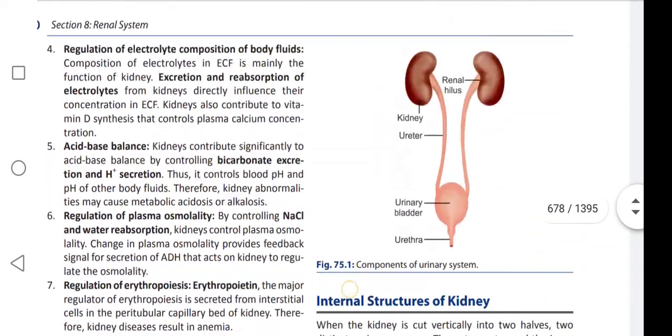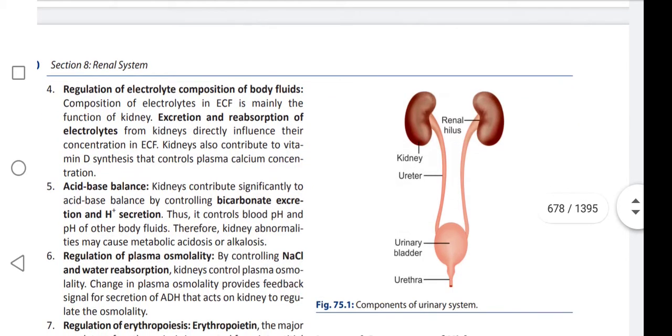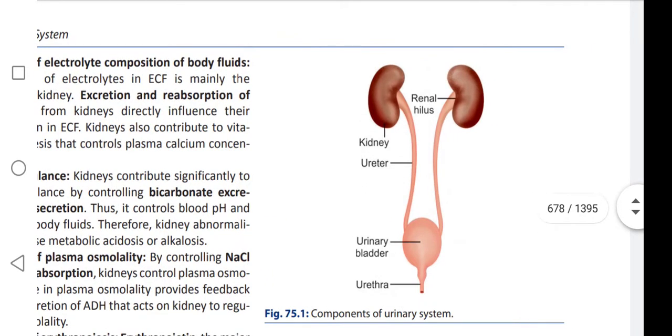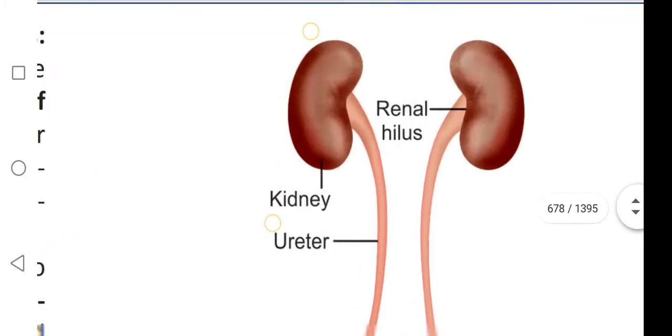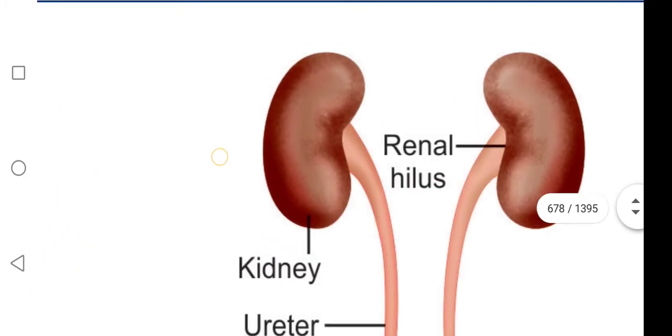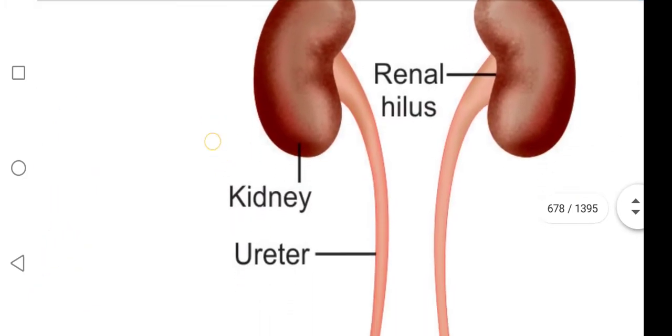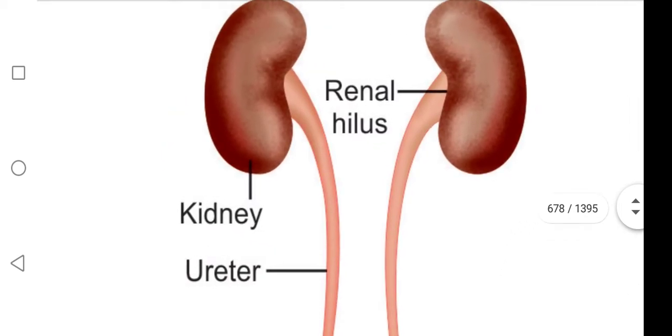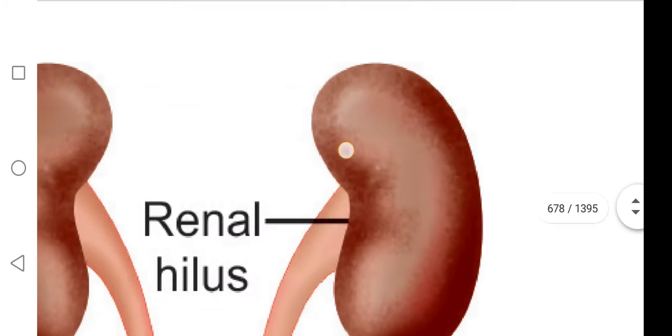We see a diagram here. This is the diagram of the urinary system, and these are the components of the urinary system. This is the kidney, from where the ureters come. In the kidney, this is the renal hilus. This is the place.